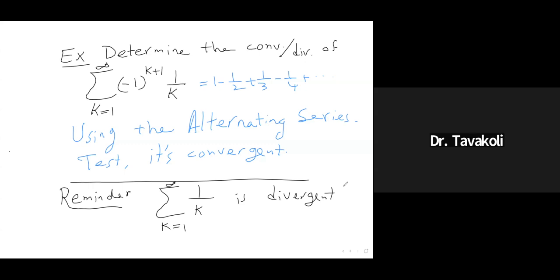It's a p series with p equals 1. So the same series that is divergent, sigma of 1 over k, when we make it alternating, we multiply each term by -1 to the power of k plus 1, then the result becomes convergent. So this is divergent, but with that coefficient of -1 to the power of k plus 1 it becomes convergent.